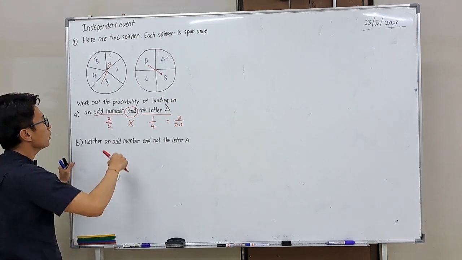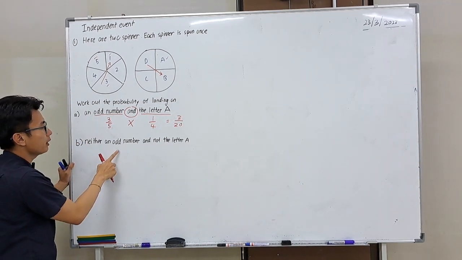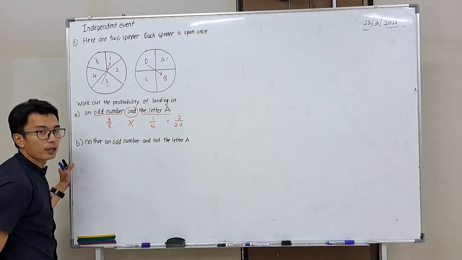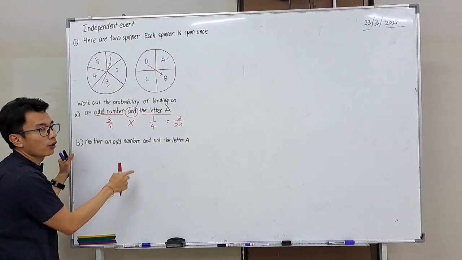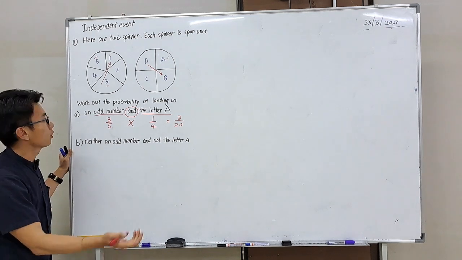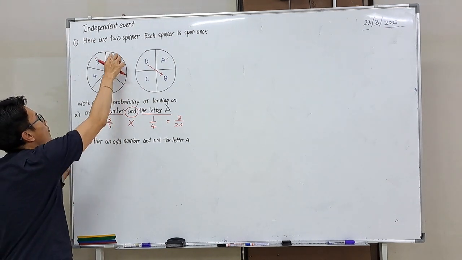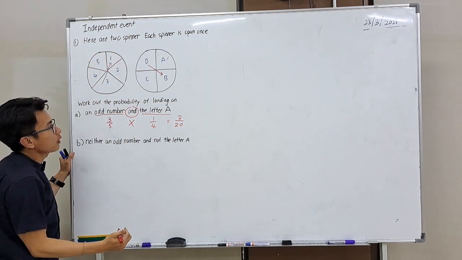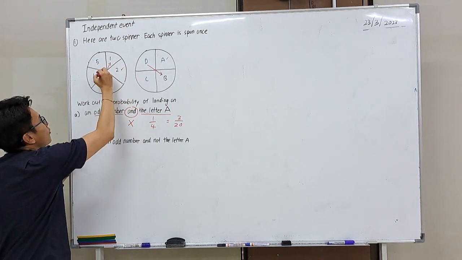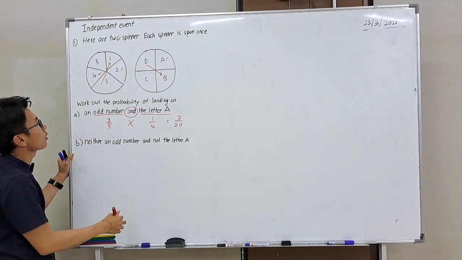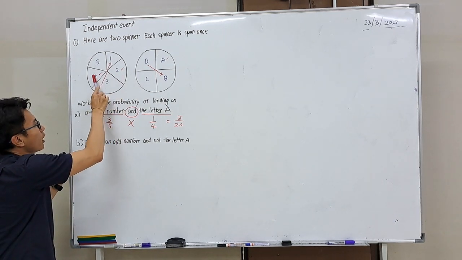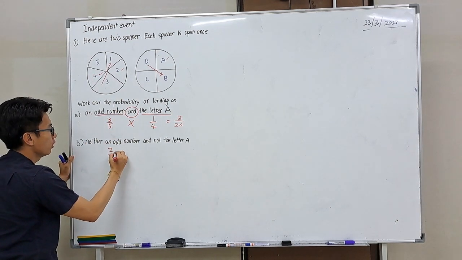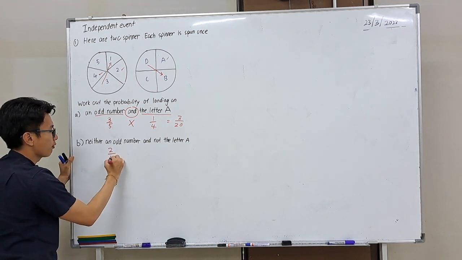So what's the probability I will get neither an odd number, which means not odd? If I am choosing not odd, it means my even numbers, which are 2 and 4. So my probability is the number of outcomes, which is 2, over the total outcomes, which is 5.